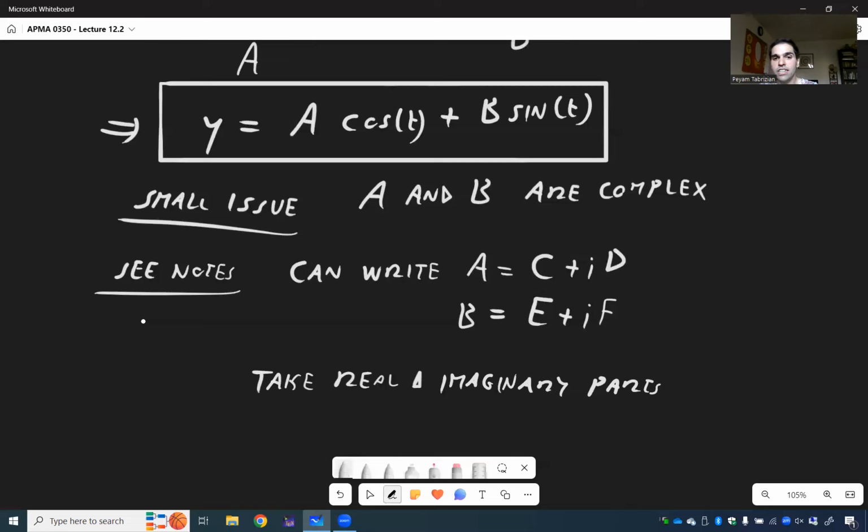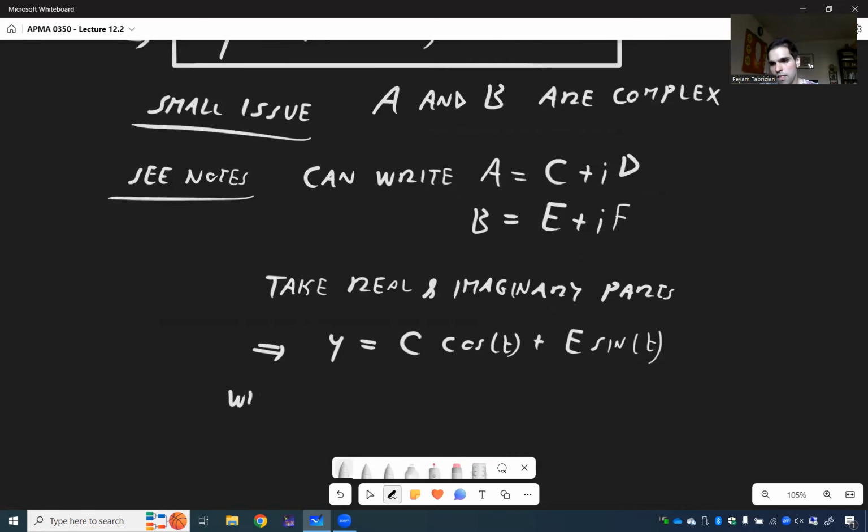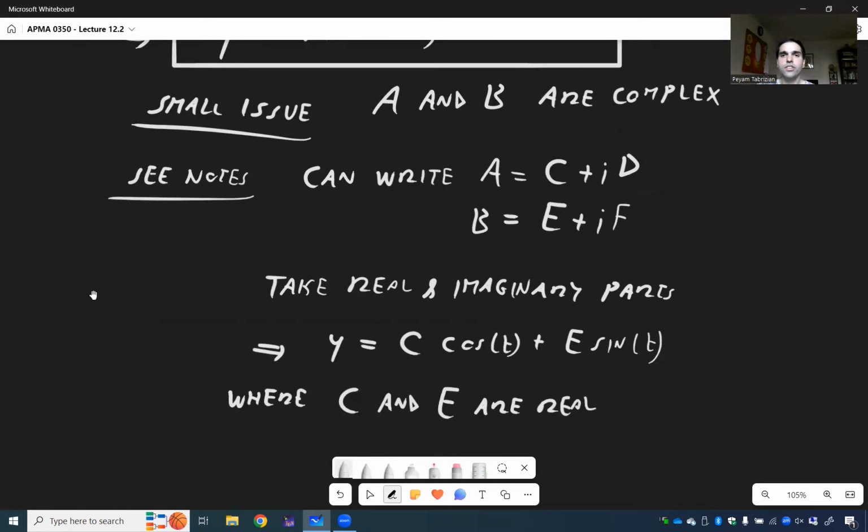And then actually get that, again, because y is real, the real part is y, which is actually C cosine of t plus E sine of t, where C and E are real.